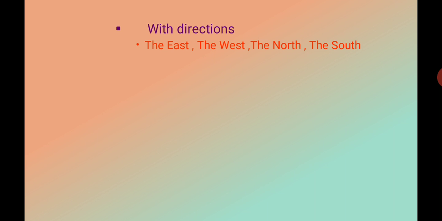The next rule is with directions. How many directions are there? Main 4 directions. Which are they? The east, the west, the north, the south. With the directions we use the.